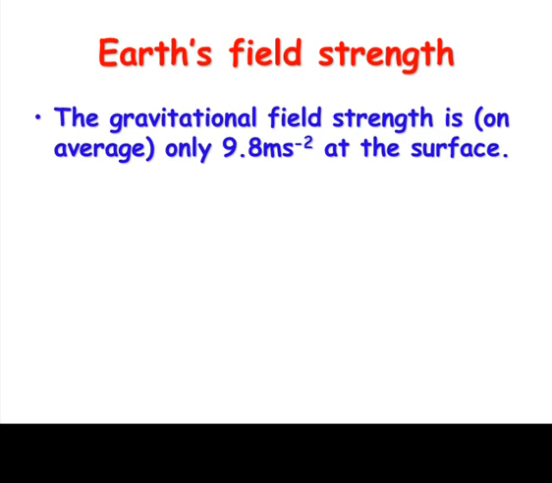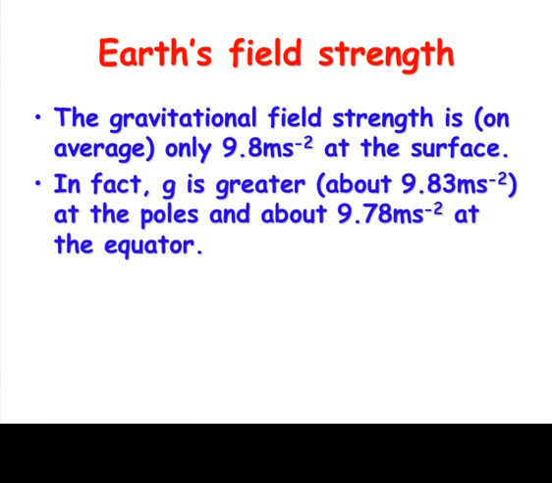As I just mentioned, 9.8 meters per second squared at the surface of the Earth is a fairly average value. In fact, it's more like about 9.83 closer to the poles. Towards the equator, it's about 9.78 meters per second squared. This is because the Earth's not actually perfectly spherical.